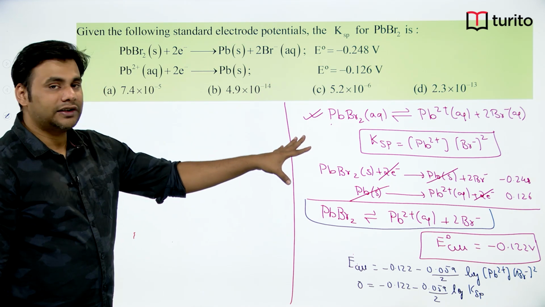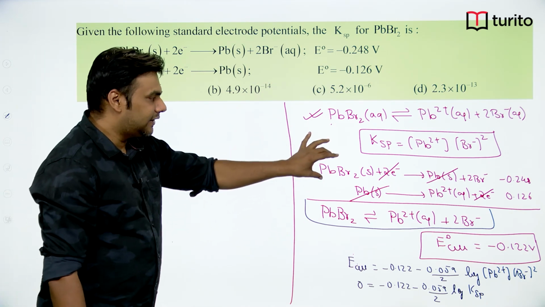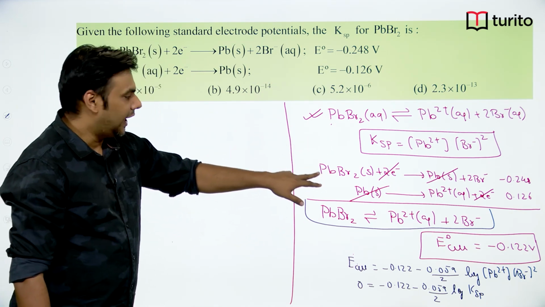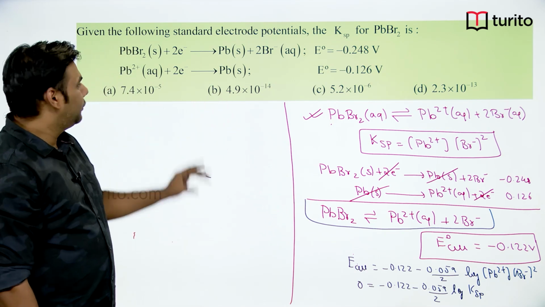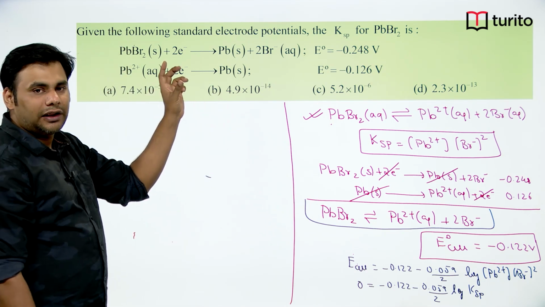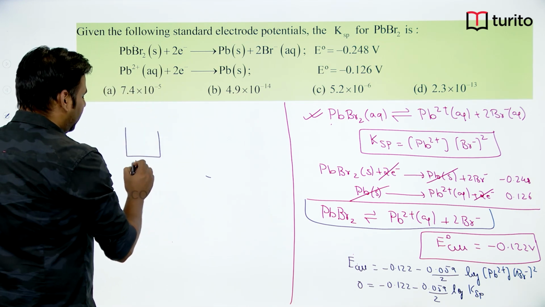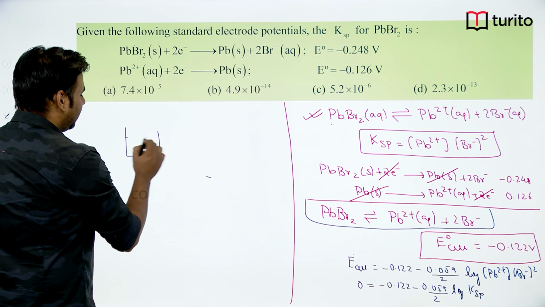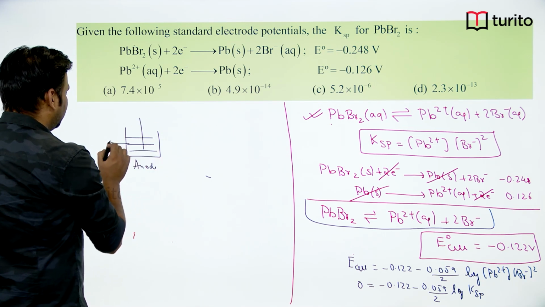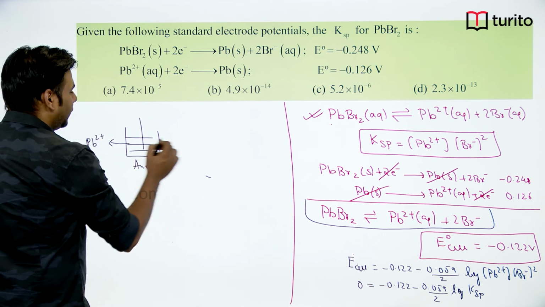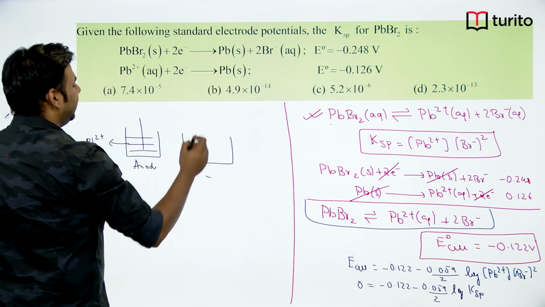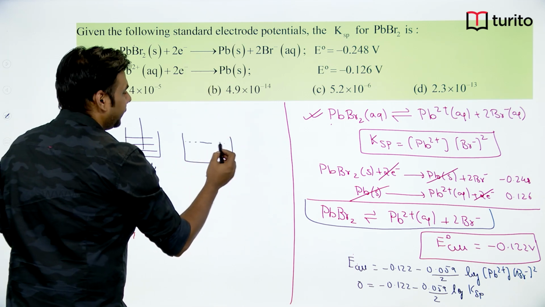What we are doing in this case is taking this as a cathode and this as an anode, and combining them. We have taken an anode of Pb dipped in a Pb2+ solution, and this as the cathode.